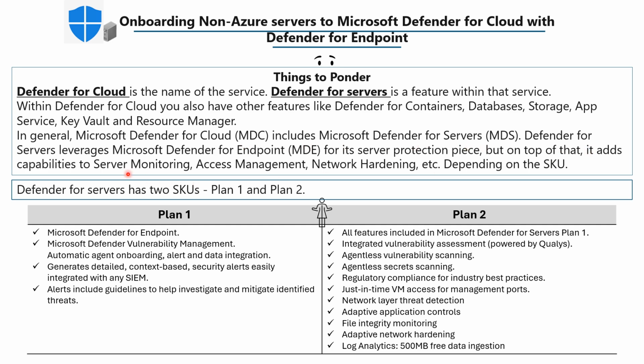Defender for Server leverages Defender for Endpoint for its server protection piece, but on top of that, it adds capabilities like server monitoring, access management, network hardening, etc. Also, it depends upon what SKU you have selected. Is that Plan 1? You have certain features. If it is Plan 2, you have certain features which have been highlighted and documented in the bullet points below.